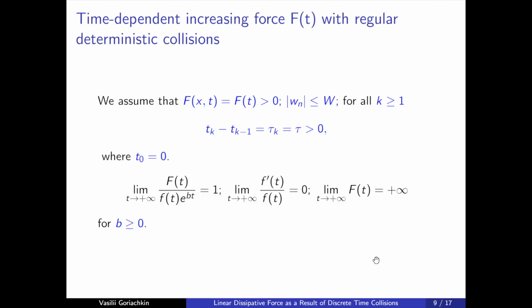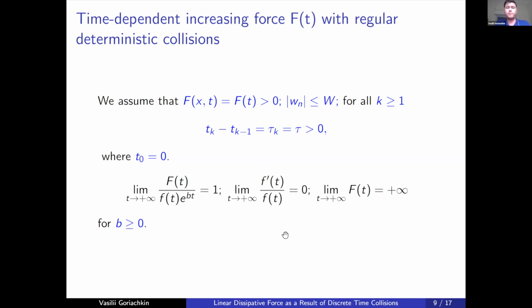And now if we consider a force which depends on t, again we take some uniform bound for velocities of second particles, and we take time between collisions which is constant, and we have the following properties. Here the function f converges to infinity when t goes to infinity, but not very fast.